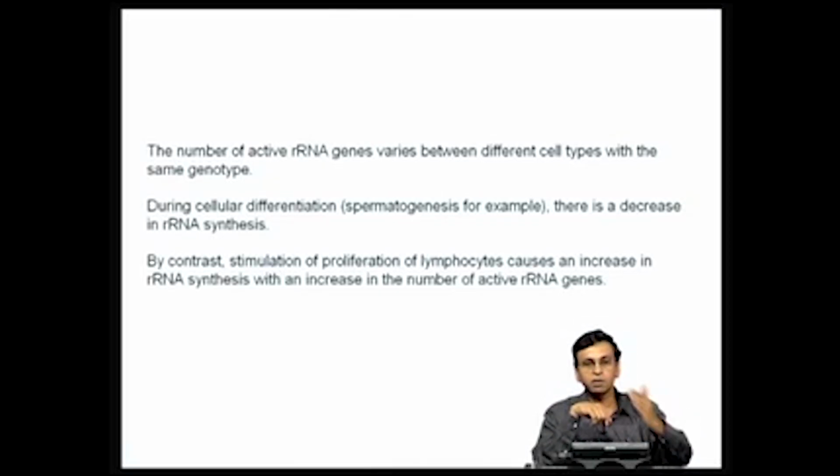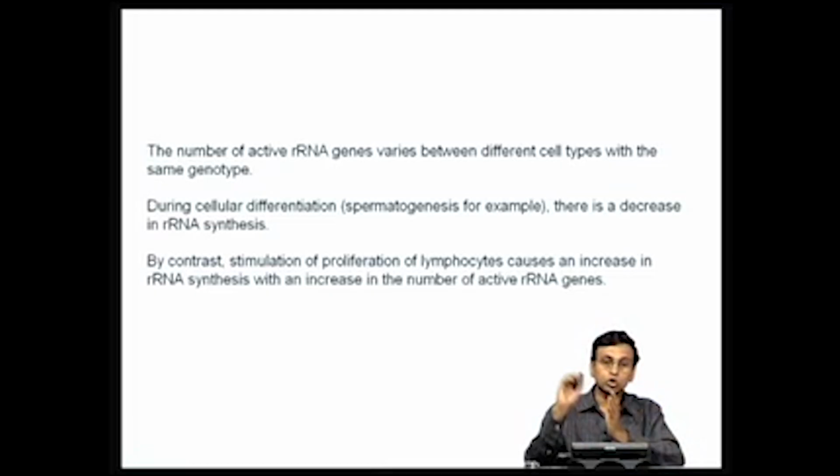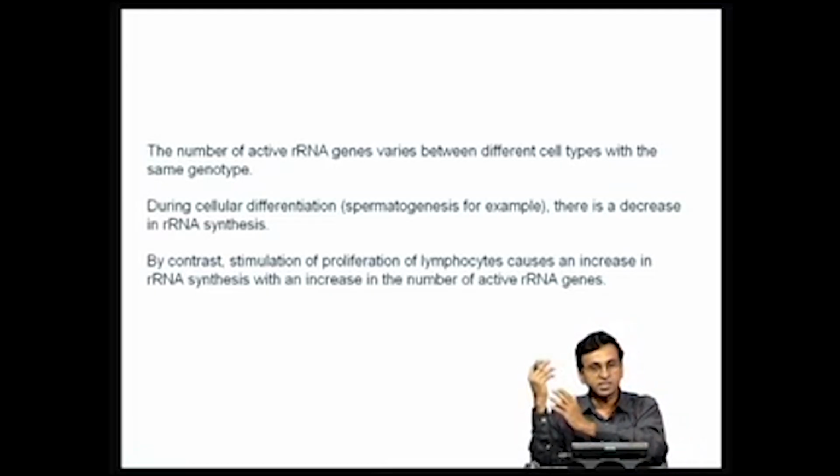So, phosphorylation and dephosphorylation of these transacting factors is one mechanism by which rRNA transcription is regulated, and I also discussed what is called rDNA silencing, which involves an epigenetic mechanism of regulation, wherein DNA methylation as well as histone deacetylation play a very important role in heterochromatinizing the rDNA, leading to silencing.